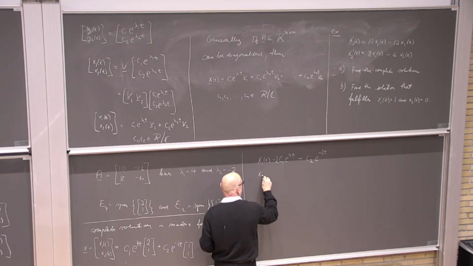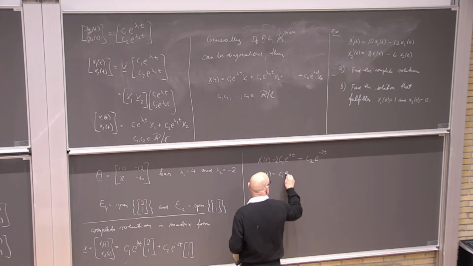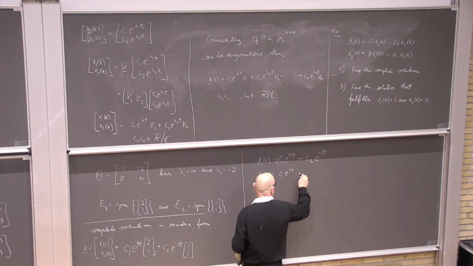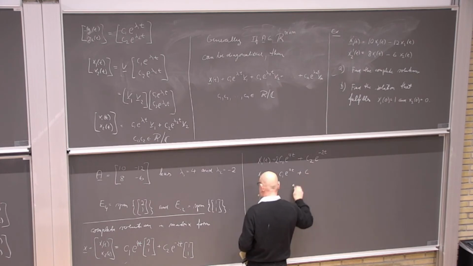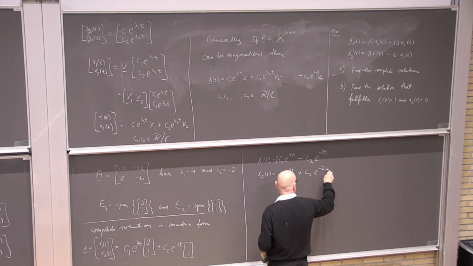And then x2(t) I get c1 e to the 4t, and then plus c2 times e to the minus 2t.